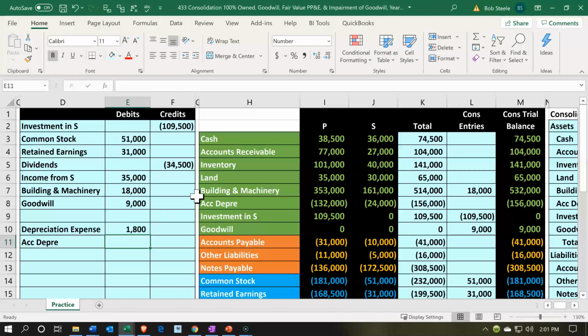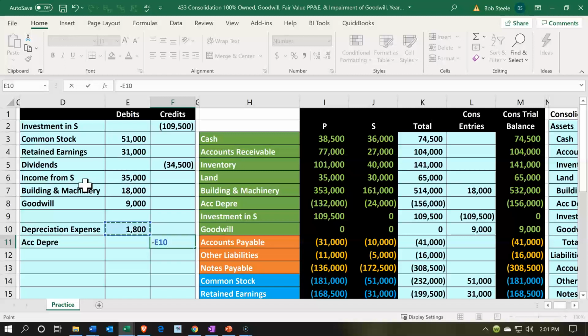But again, that's simplified. Just note that in practice, you'd have to look at the depreciation schedule for all the depreciable assets and then figure out what depreciation you're going to tie to that added increase that you made at the point of purchase, most likely. So the calculation could be quite a bit more complex, but in theory, you get what we mean here. We said, okay, if you increase the value of the machinery and equipment, then you're going to have to depreciate the value because that's what we do with machinery and equipment.